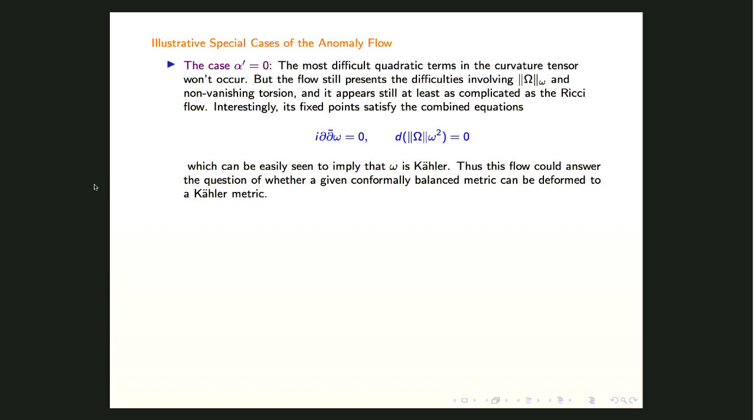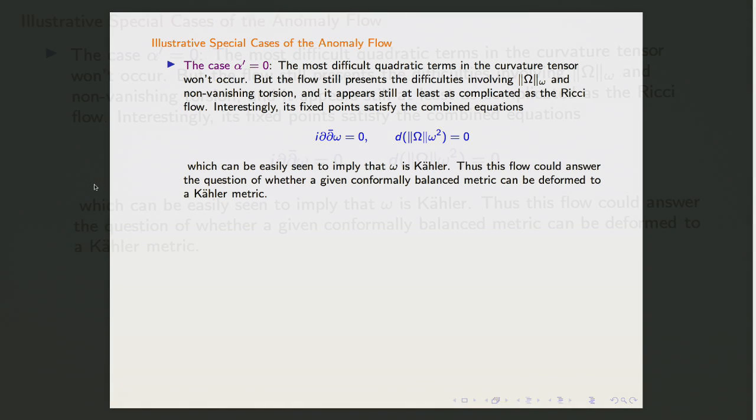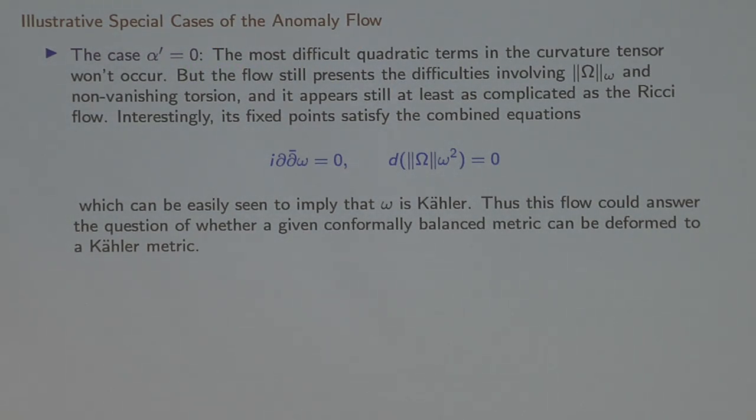But even that is not trivial, because even when you get rid of the second order terms, the stationary points will be given by this, and combined with the balance condition, this actually implies that omega is Kähler. So actually, the flow in this particular case would be starting from a conformally balanced metric. The question is, will it converge to a Kähler metric? As a flow, it's not easy either.